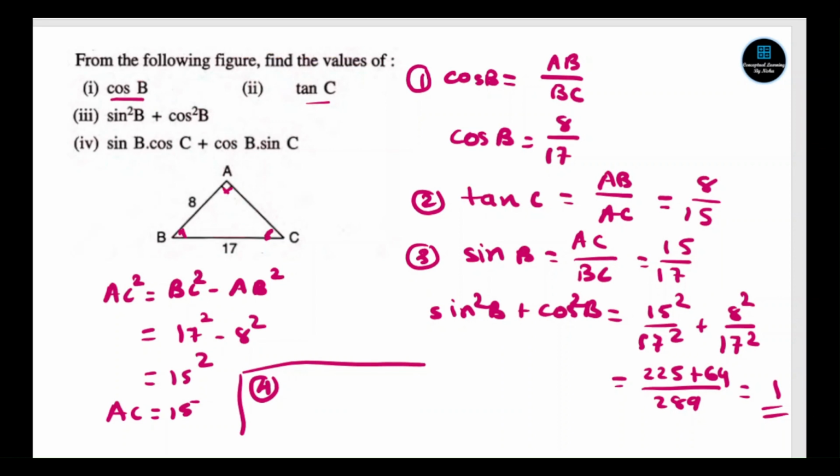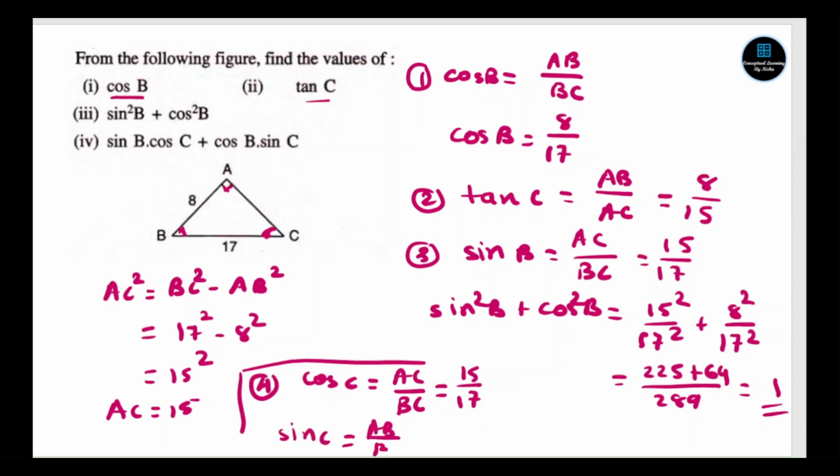Sin B cos C. So I have to find cos C. C is the reference angle, so adjacent to hypotenuse. So cos C equals AC to BC, which is nothing but 15 to 17, and sin C. So sin C is AB to BC, which is nothing but 8 to 17.